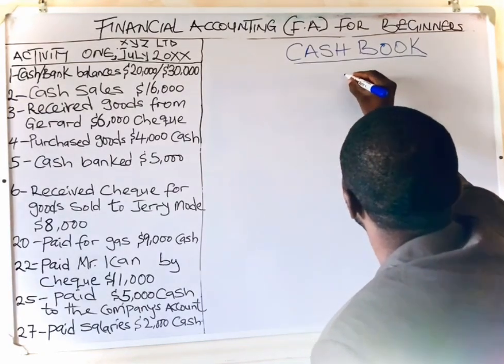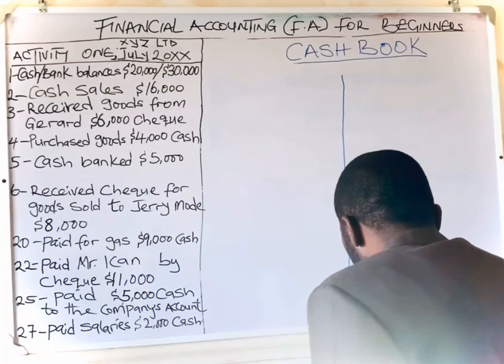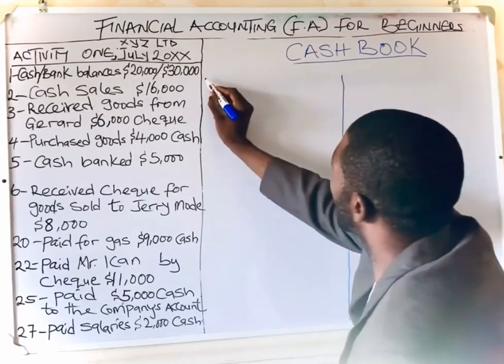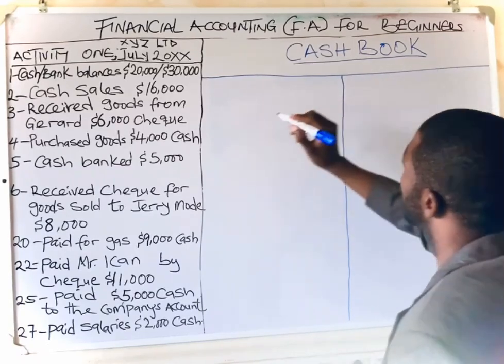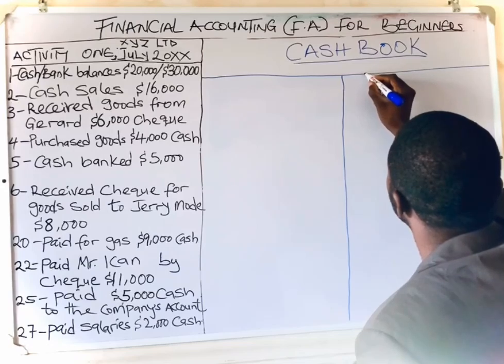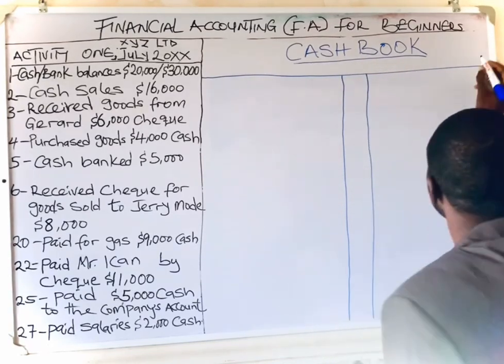This is the 2 column cash book. We have the debit side and the credit side.